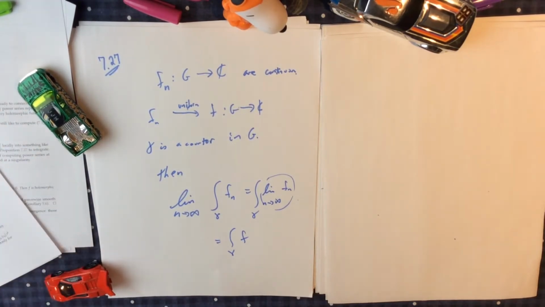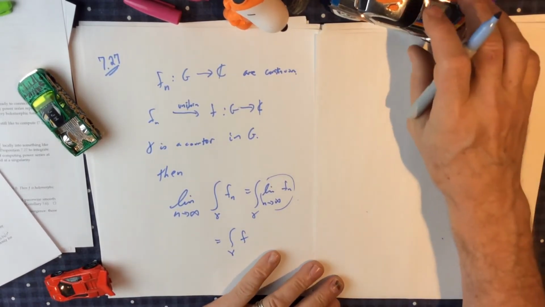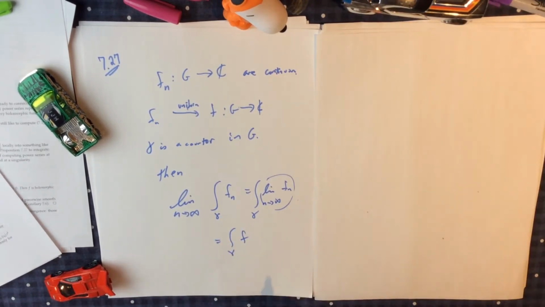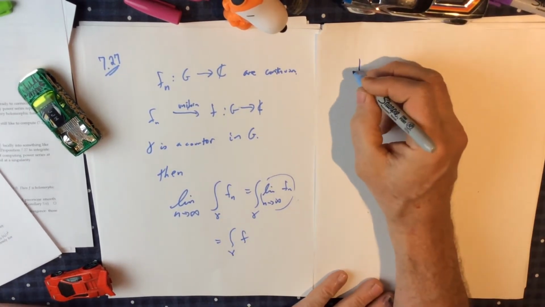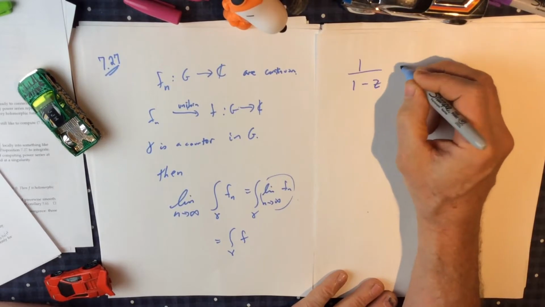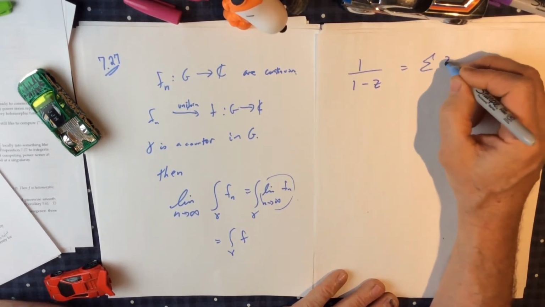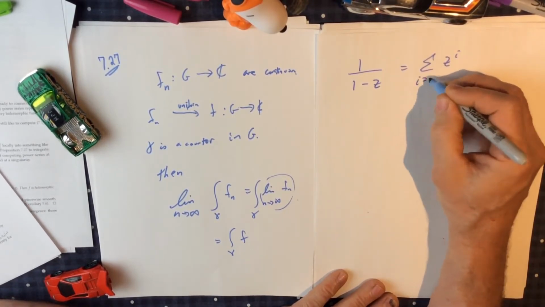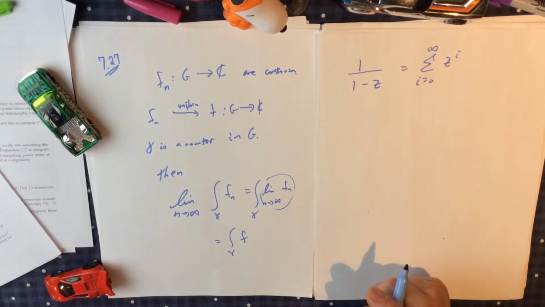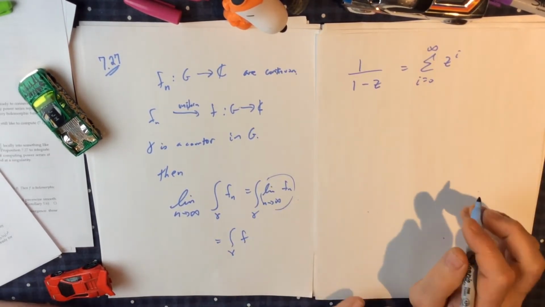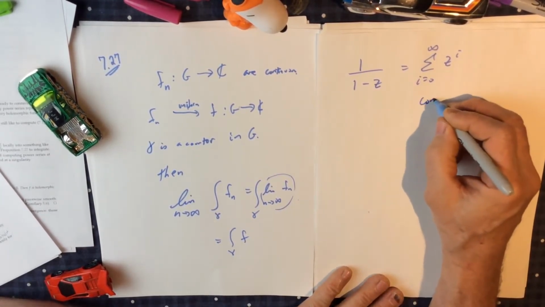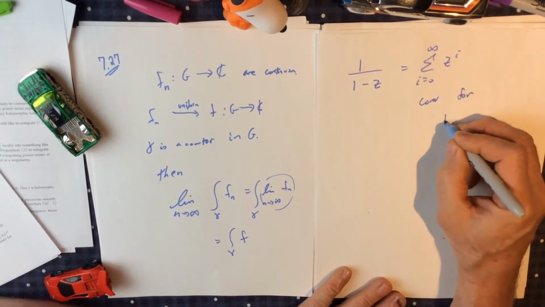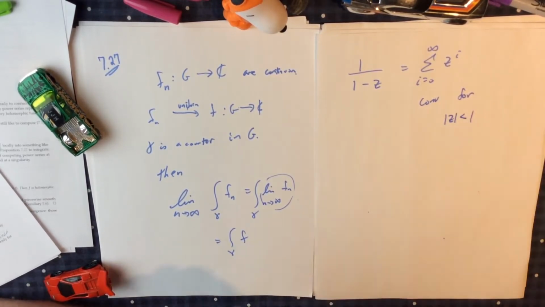Super, super powerful fact. Now, the next thing that we want to talk about is intervals of convergence. So let's look at our favorite series, or rather Dr. Sorensen's favorite series, the geometric series in the complex plane. Now, it's not hard to prove that this converges for the norm of c less than 1.